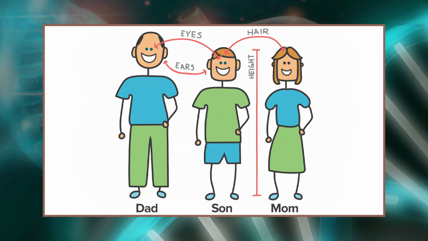Therefore, the genes are responsible for reproducing the distinct features of both parents that are visible in their children. However, most of the mechanisms of heredity remained a mystery until the 19th century when genetics as a systematic science began.